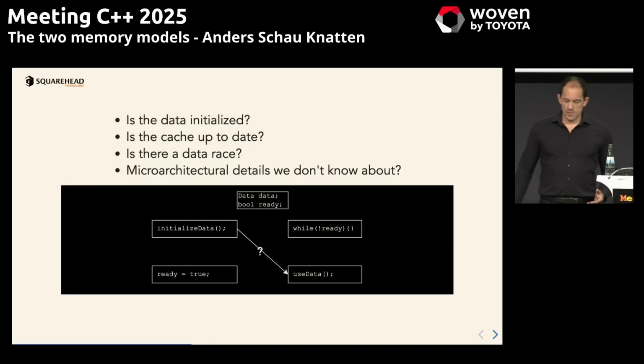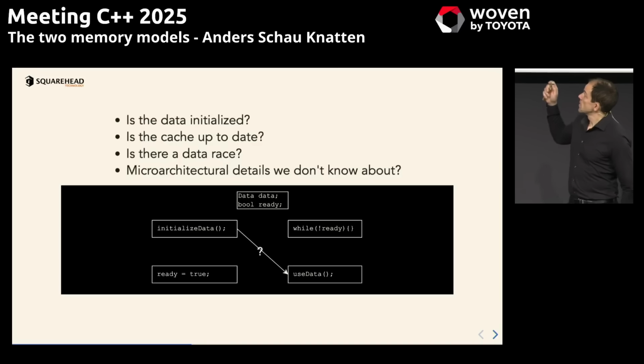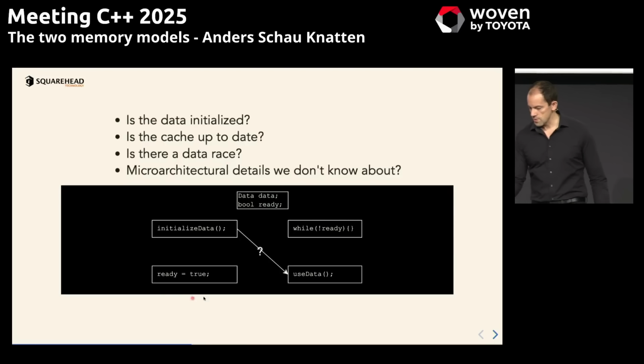And the way to think about it is like this. I have drawn the data on top here, the data and the ready flag, and here's the producer thread. It does initialize data, then stores the ready flag, and I have a nice monitor I can point down here. In the consumer thread, we will read the ready flag, and then we use the data.